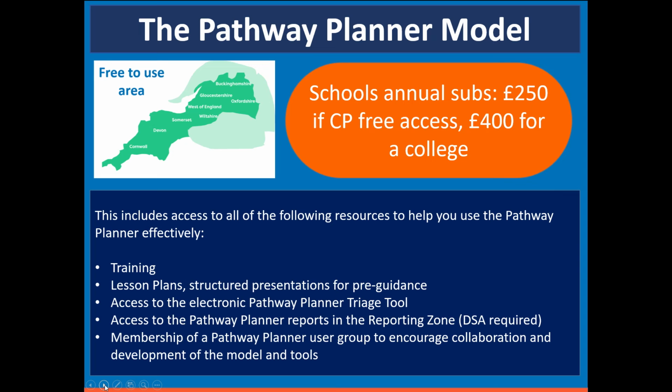We'll give you all the lesson plans. We'll obviously switch it on for you, and I will show you how to access all the reports, and you will need to complete a data sharing agreement for that. But you'll also become part of a user group, so you can actually support the development. Lots of the new little things you've added have come from our users saying they would like to see them.